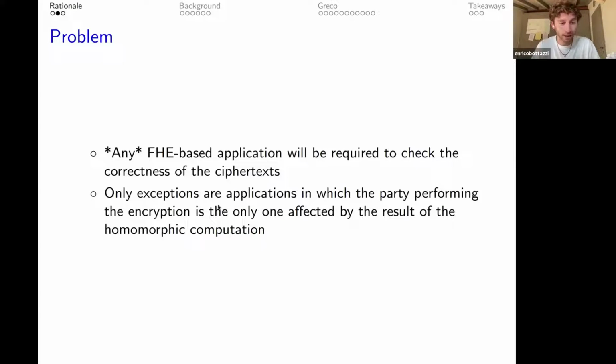So it's really up to you. Another one might be private information retrieval, in which you are the one submitting this bit vector of inputs. And if you put something malicious, well, it has only an effect on you. So I would say that in that context, you wouldn't need any Greco-like construction.